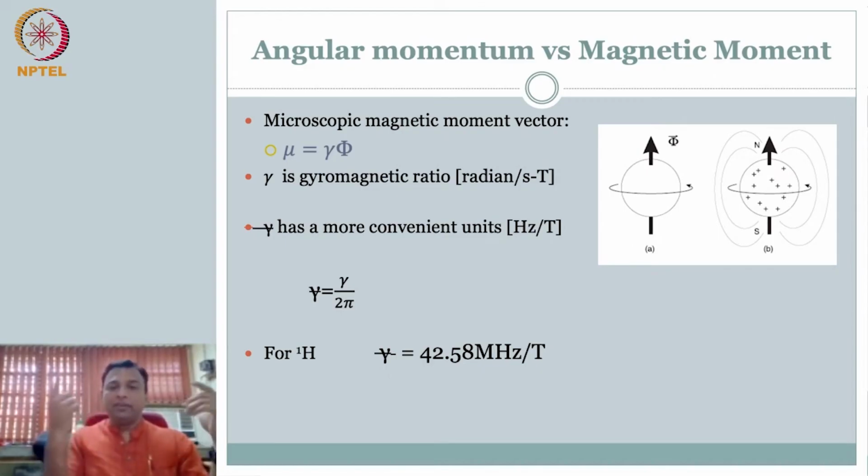But essentially this is a frequency of precession. That means if I have a known magnet and a known ability to measure the frequency, then maybe I know it is hydrogen, okay? So we'll build on this material.